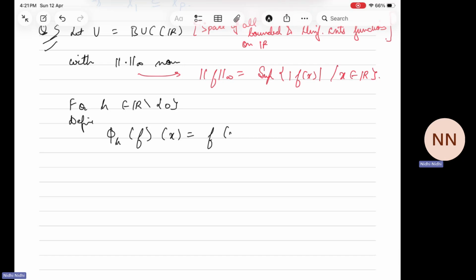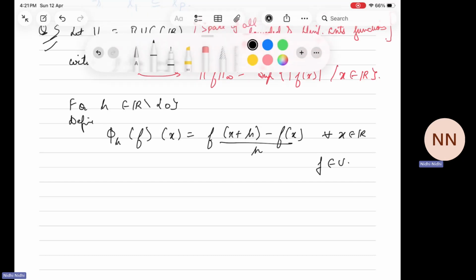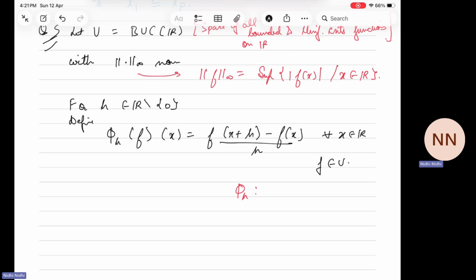This is equal to f of x plus h minus f of x over h for every x in R and f in V. So basically this phi h is a function defined from V to V, and phi h of f is in V, because our codomain is V. That means phi h f is a bounded, uniformly continuous function defined at any point x to be equal to f of x plus h minus f of x by h. I hope this is clear how this phi h is defined.